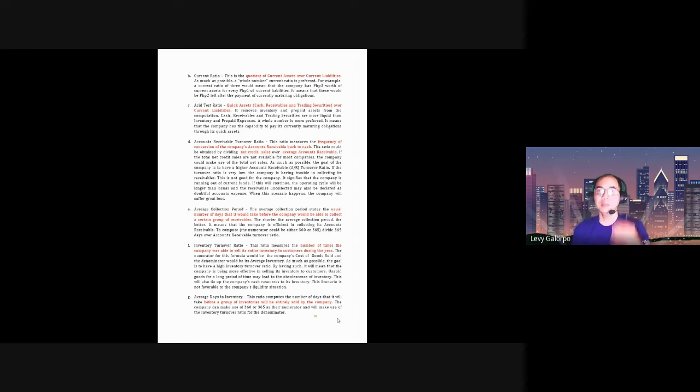Di-divide mo quick assets over current liabilities. Hindi kasama rito lahat ng current assets, kundi yun lang tatlo: cash, receivables, and trading securities. Hindi sinama rito yung inventory at prepaid assets.